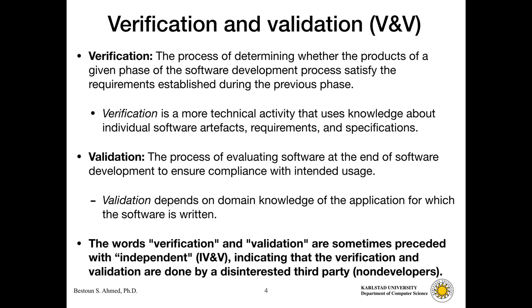But validation is totally different because you validate the whole software from the start to the end. Verification is dealing with some part of the software or the software development phase. But validation is about the whole process, the process of evaluating software at the end of the software development to ensure compliance with the intended usage.